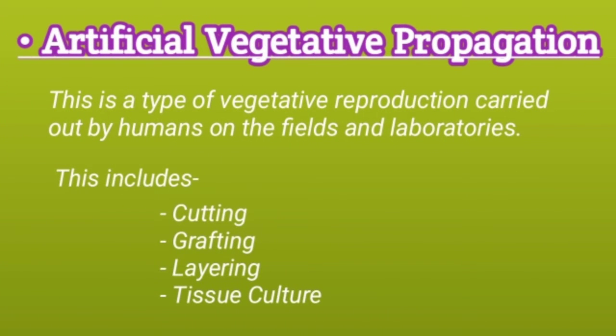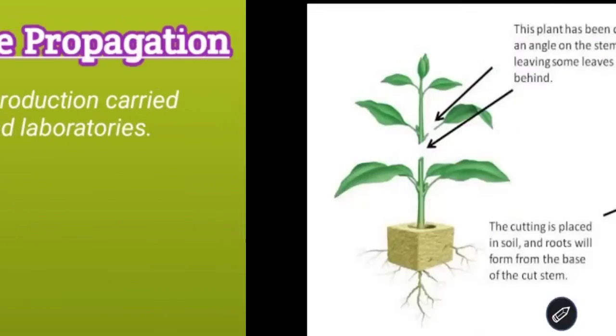Now let's see the other type of vegetative propagation, which is artificial. This is a type of vegetative reproduction carried out by humans in the fields and laboratories. It is not happening naturally. Since it is not taking place by itself, it is called artificial. This includes cutting, grafting, layering and tissue culture.